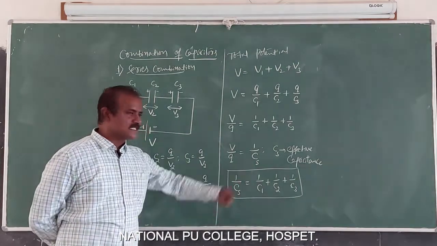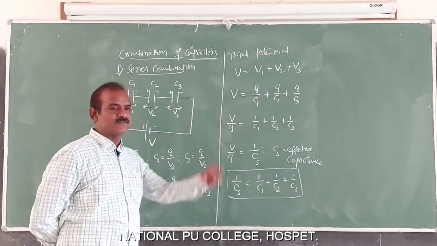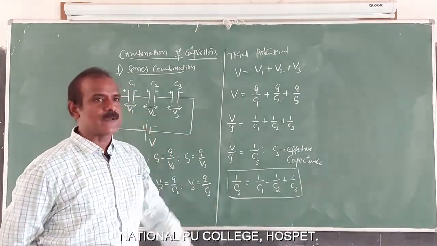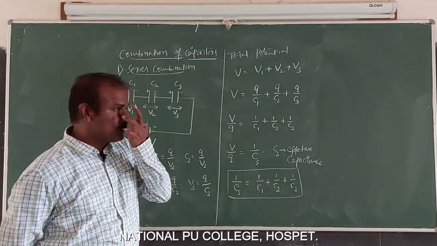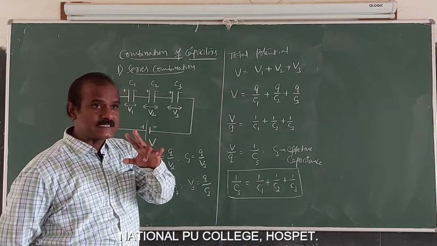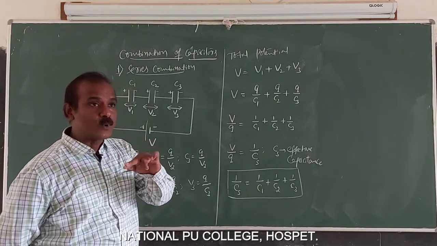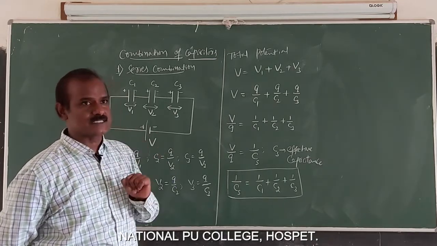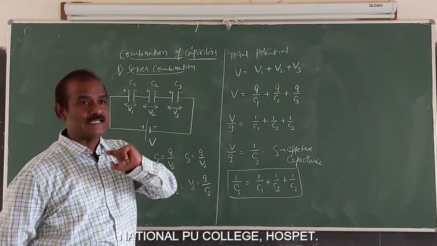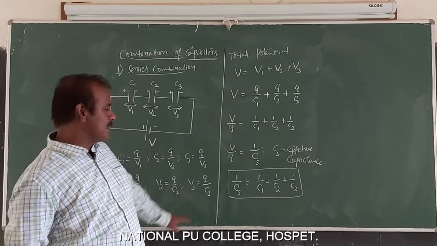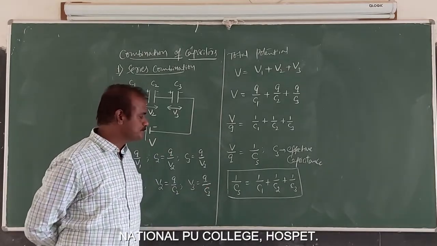What is the role of CS? CS is the effective, total capacitance, which is not the sum of the capacitances, rather the sum of reciprocals. It is the reciprocal sum, hence we get this formula.